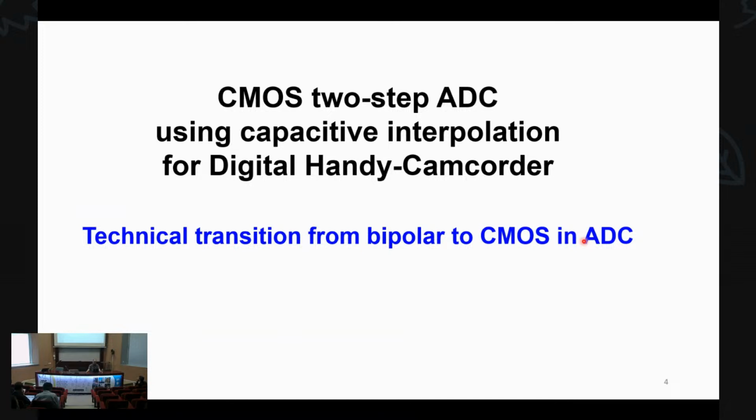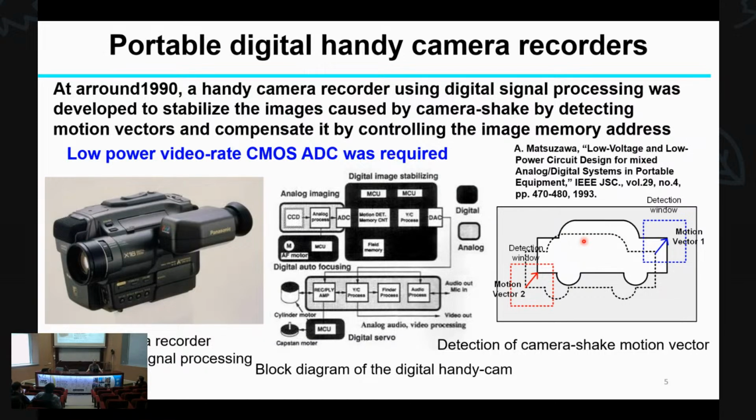First is the CMOS two-step ADC. The motivation is from around 1990. I was technical staff at Panasonic. Panasonic developed the handy camera recorder, first using digital signal processing.